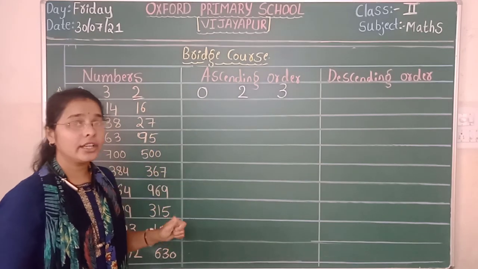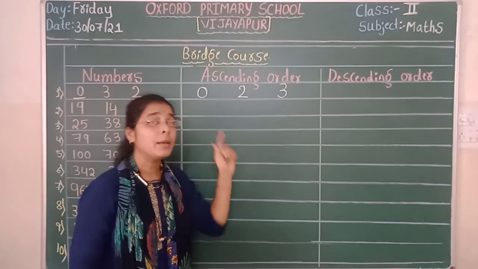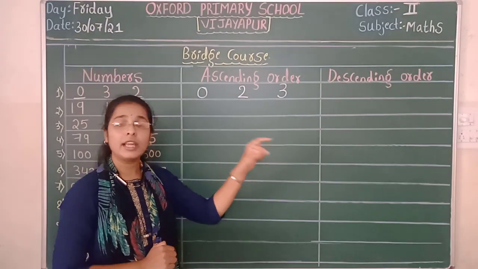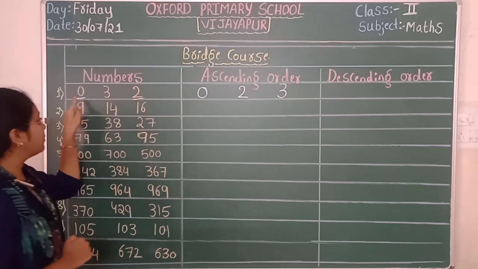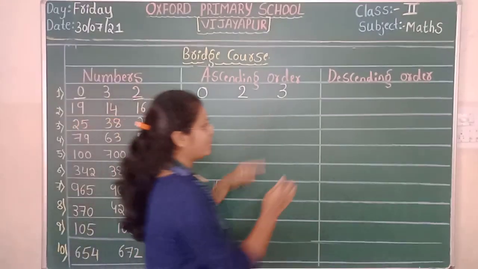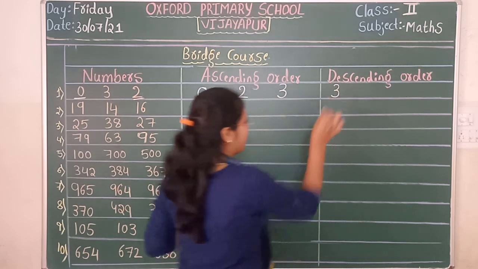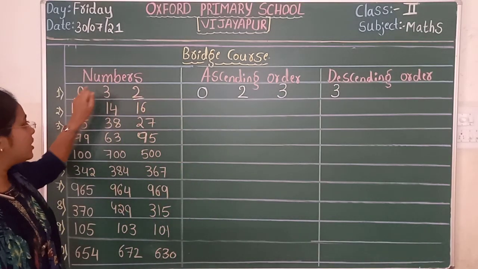In descending order, this is totally opposite of ascending. We have to write the bigger number at first, then at last the smallest number. In these three numbers, which is the biggest number? 3 is the biggest. We will write number 3 first. Next, we leave this 3. We are having numbers 0 and 2.